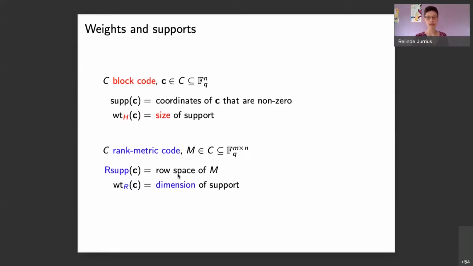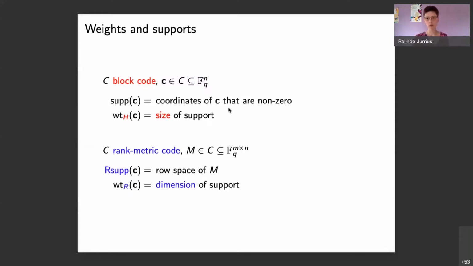And what I do here is I take for the support all the one-dimensional spaces that exist. And these one-dimensional spaces will be exactly the rows of your matrix. And I take them all together to get the row space.